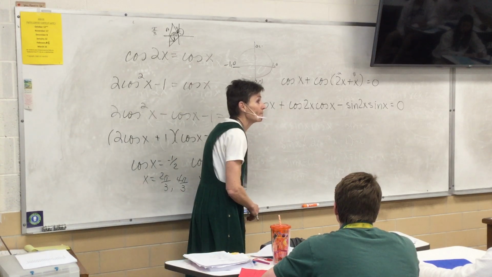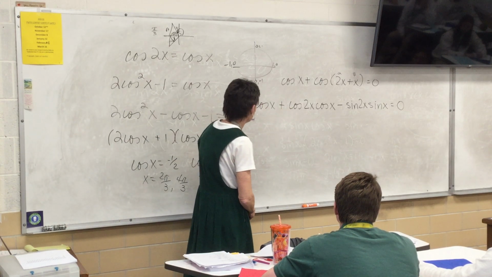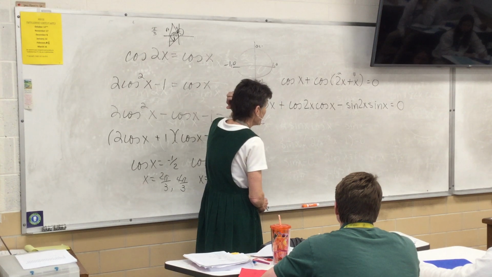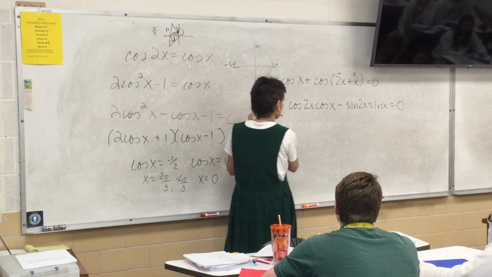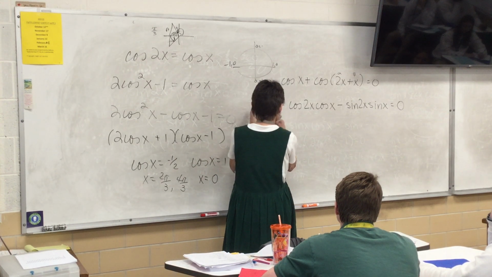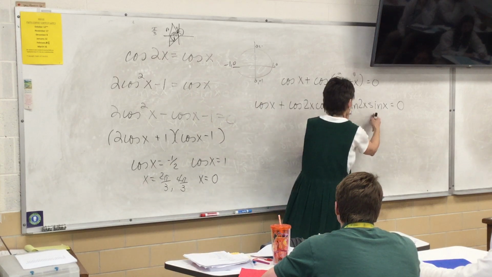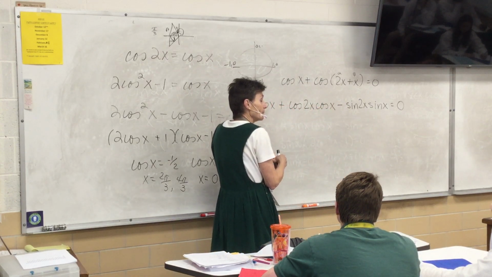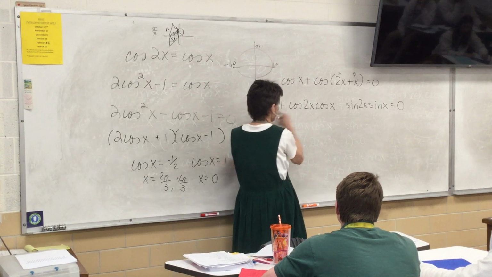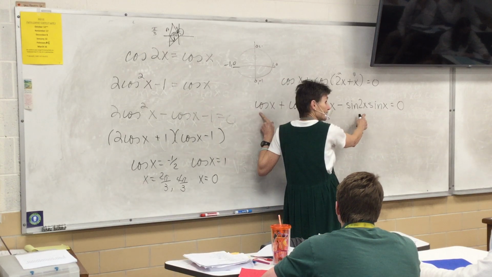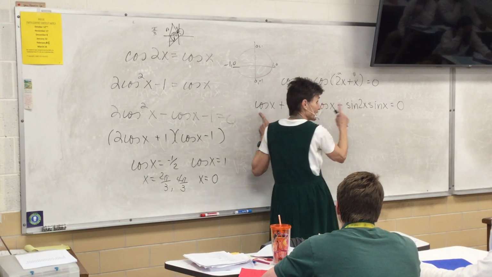Well, if I'm going to factor, I have to have the same thing in every term, and I don't. I could take a cosine out of here and here, but I can't take a cosine out of here, at least not yet.